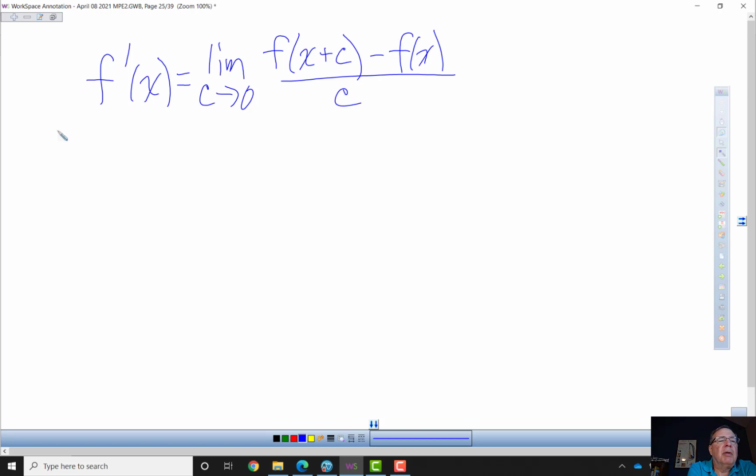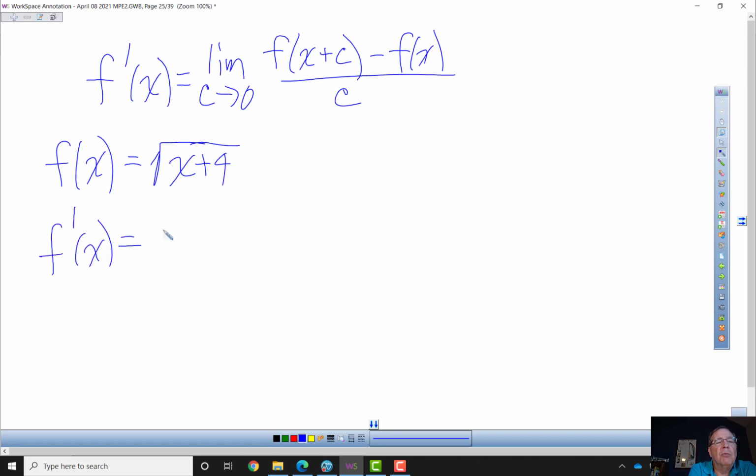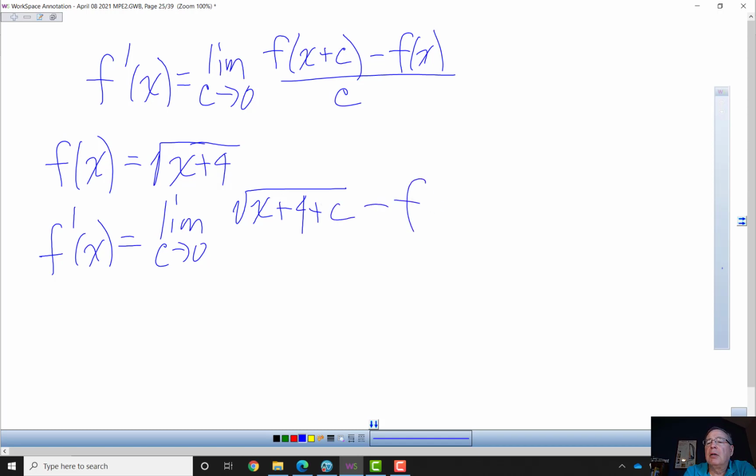Okay, so if we make our f of x the square root of x plus 4, and we substitute into this limit definition, f prime of x equals the limit as c approaches 0 of the square root of x plus 4 plus c minus, and we're using the actual function, the square root of x plus 4 all over c.